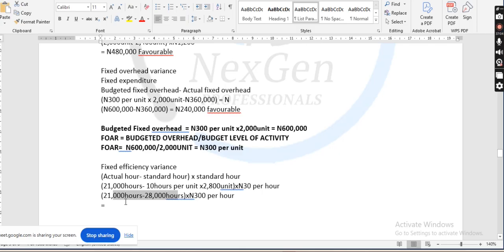So what do you have? 210,000, favorable. So the formula should be standard rate, not standard hour. This is efficiency: actual hour minus standard hour multiplied by standard rate.